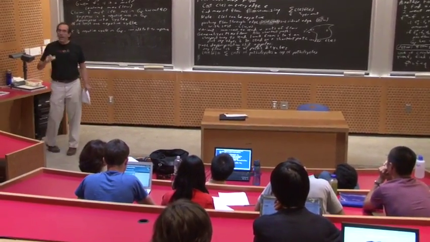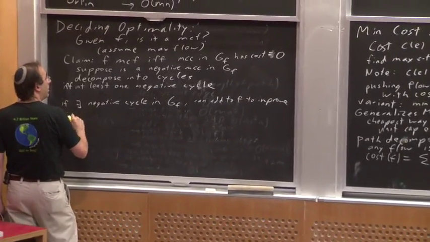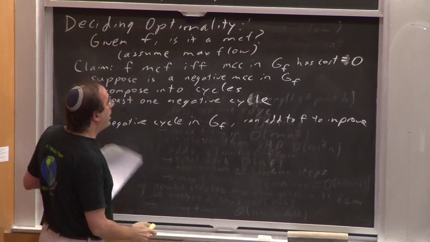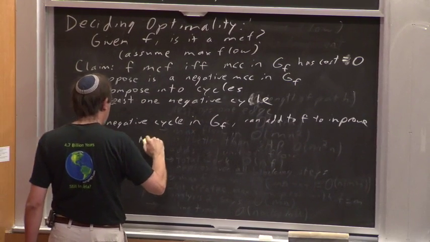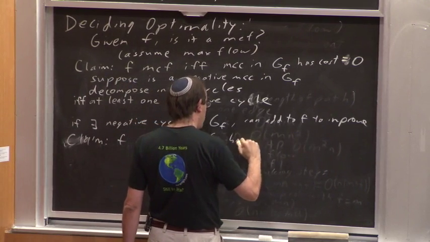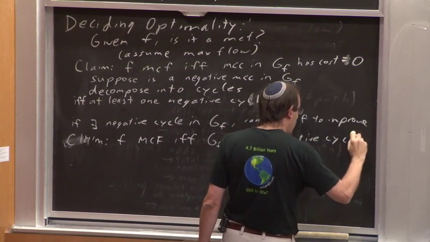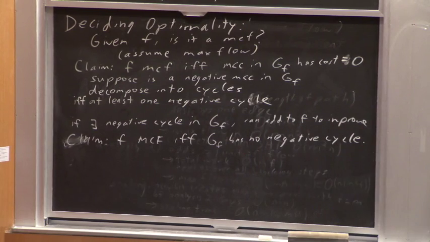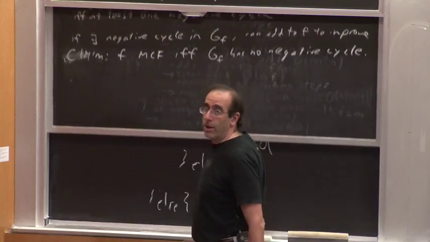Okay. So now we have our key structural theorem, right? We've now completed the proof of this claim. So now we have this nice claim that F is a min-cost flow if and only if G sub F has no negative cycle. So we have a proposed mechanism for verifying that F is a min-cost flow.